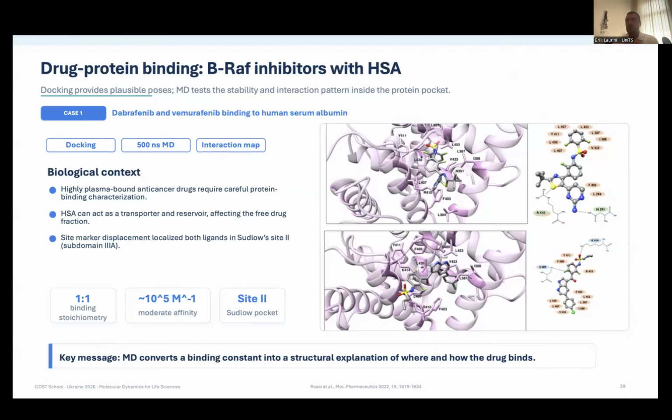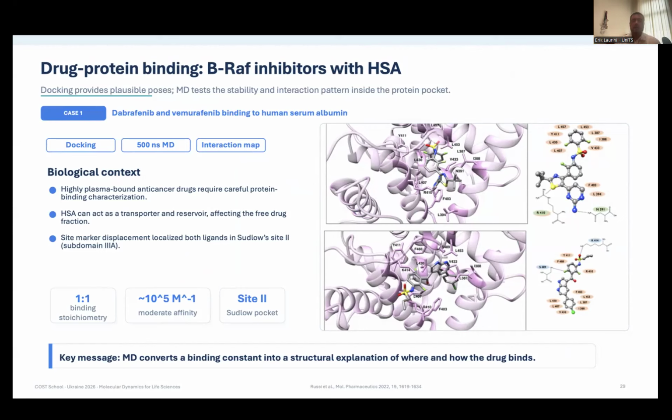In drug-protein, I will show you the example of two different anti-cancer drugs, dabrafenib and vemurafenib, binding the most abundant protein of our organism, that is the human serum albumin protein, the HSA protein.